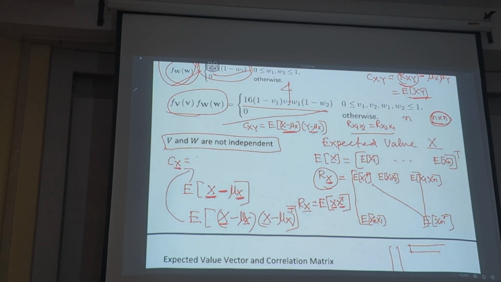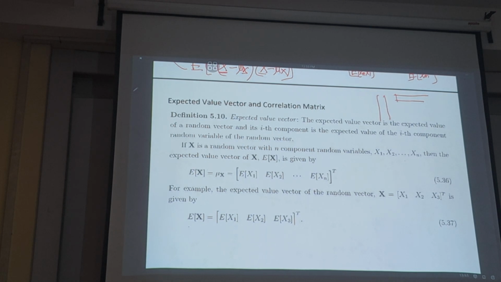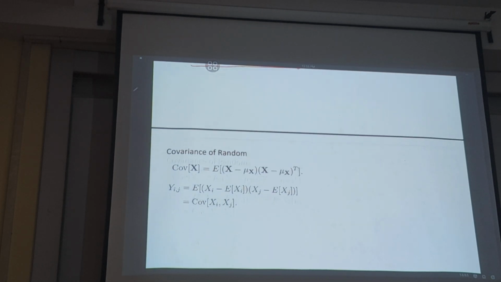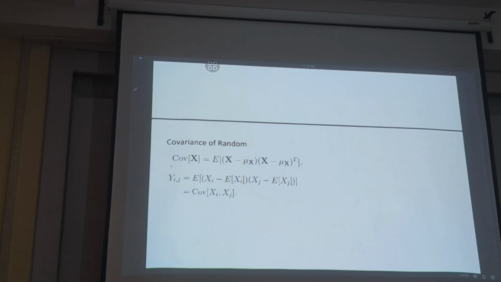covariance of random vector x. Let's see. So this is the expected value vector. We have seen it. The covariance is the expected value of this product, outer product of the vector x minus mu x.